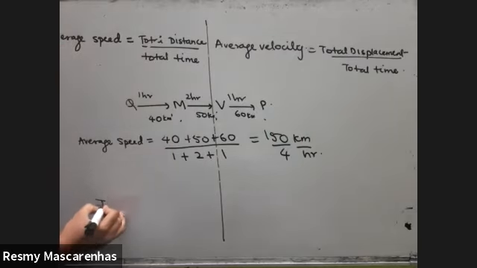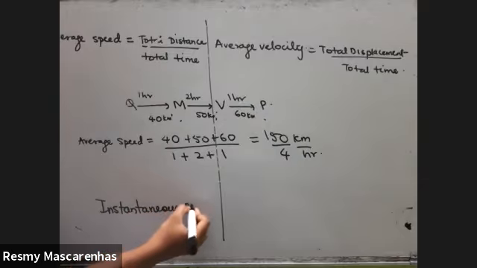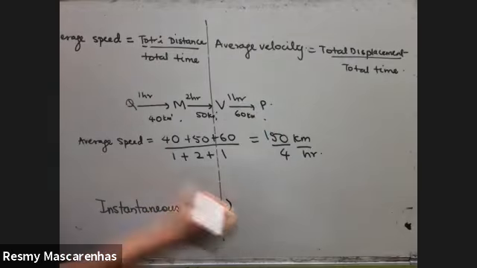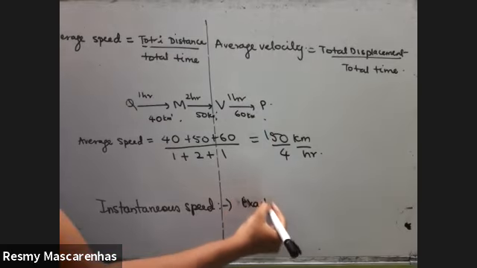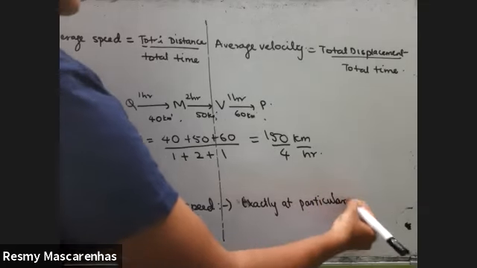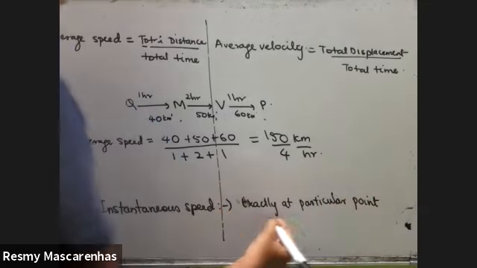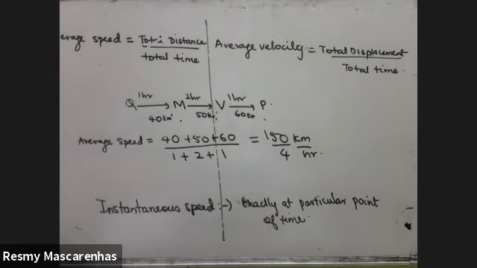And now what is instantaneous speed you will come across. This word means exactly at one particular point of time, or exactly at that instant of time.